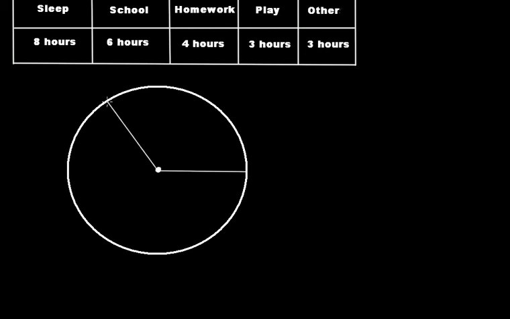Let's say this is 120 degrees. In this way you can draw the sector for the sleep section. So this sector represents the hours you sleep, which is equal to 8 hours, that we already know.